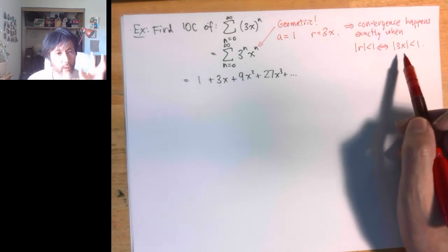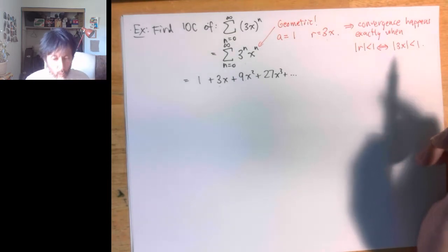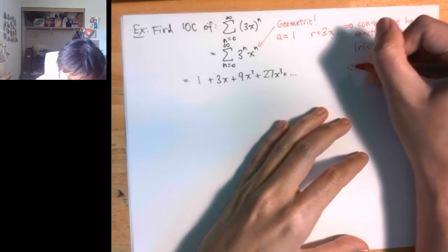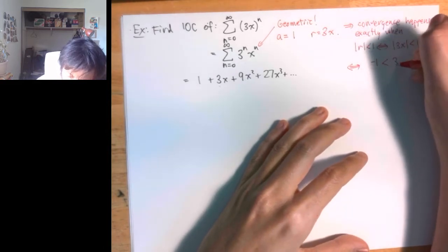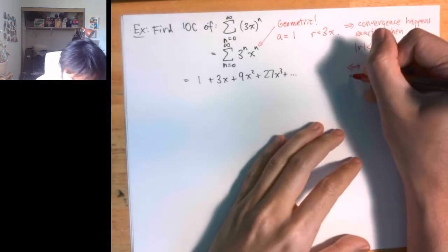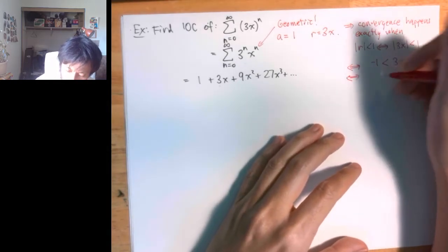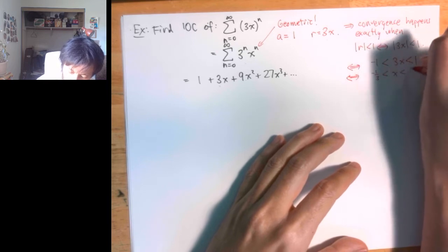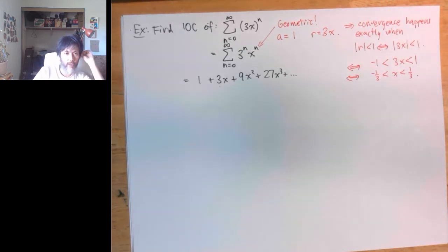Well, if the absolute value of something is less than 1, then that something must be between -1 and 1. For what values of x does that happen? By dividing by 3, we learn that this happens when x is between -1/3 and 1/3. So I think I know what the interval of convergence is for this series. It's when x is between -1/3 and 1/3.